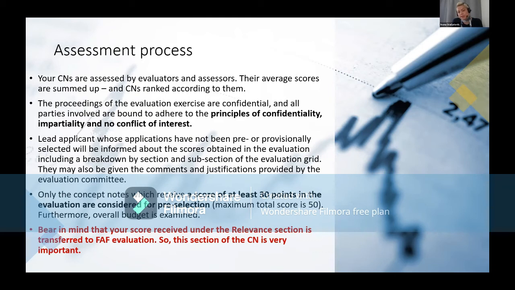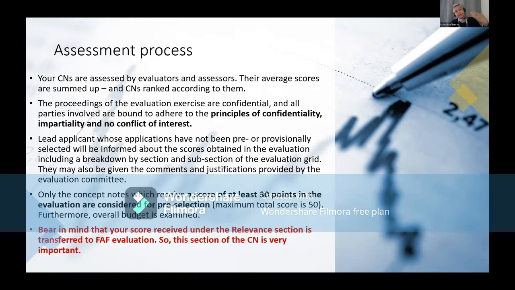But having 30 points, which is the minimum, doesn't necessarily mean that you will be invited to the second step, because it really depends on the other applications, the scores and the ranking list.